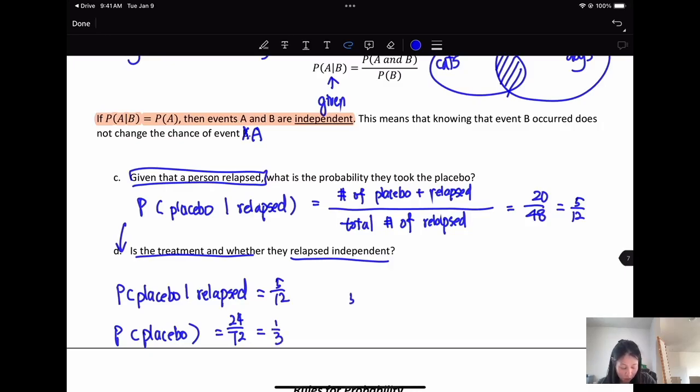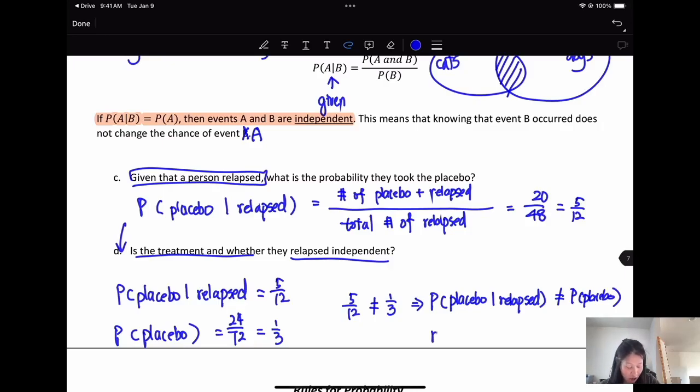Look, 5/12 is not equal to 1/3, which means the probability of the treatment given relapse is not equal to the probability of the treatment. So that means this is not an independent event.